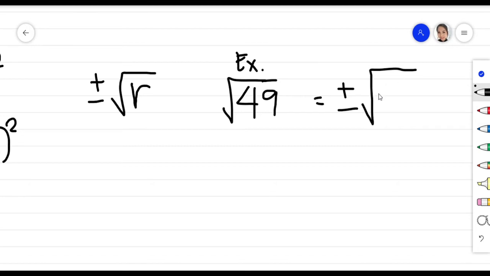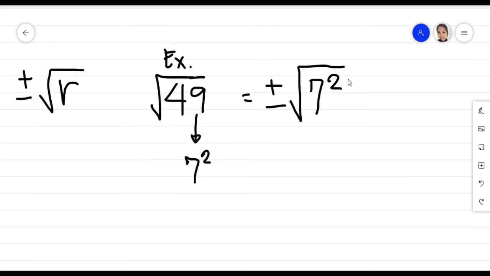Okay, now we know that 49 is equivalent to 7 squared. 49 is 7 squared, or 7 times 7, that is 7 squared. So we can replace 49 here with 7 squared.